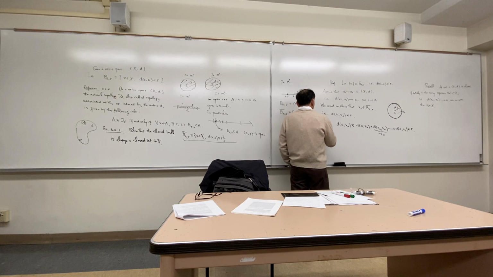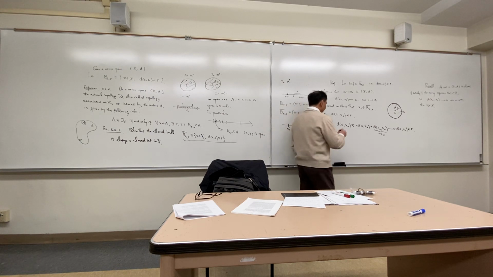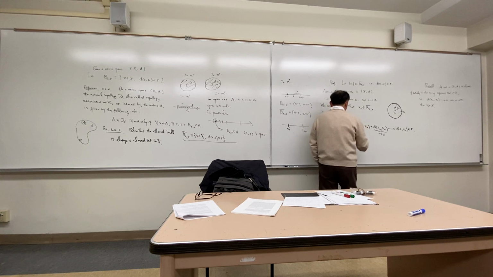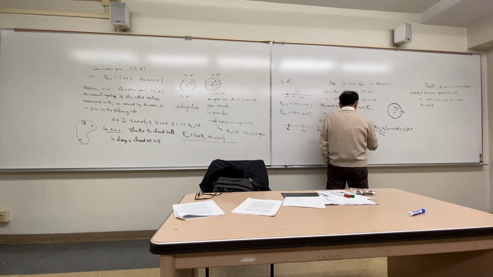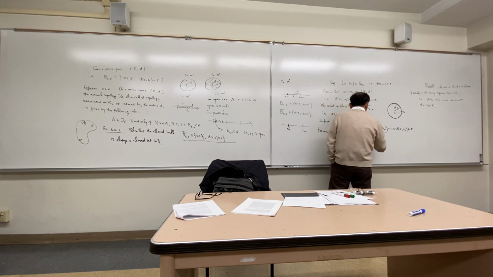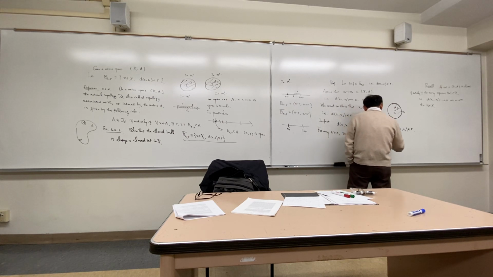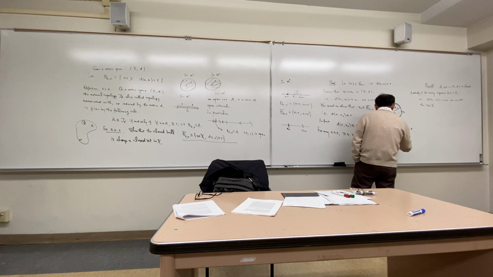So to be more precise, for any epsilon greater than 0, because this goes to 0, there exists a capital N such that the distance between xn and x naught is less than epsilon for any n greater than or equal to N.